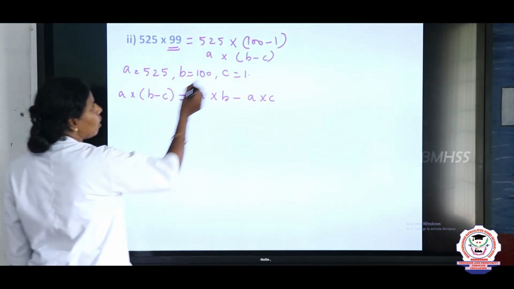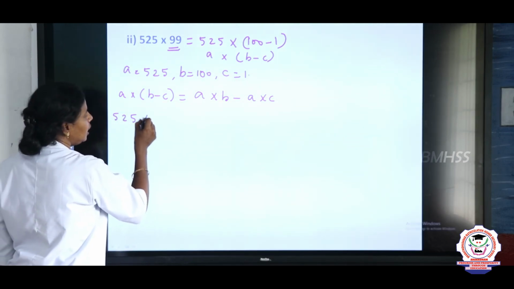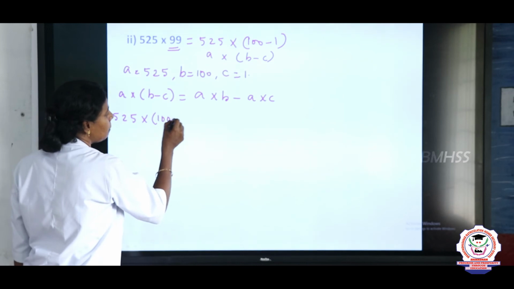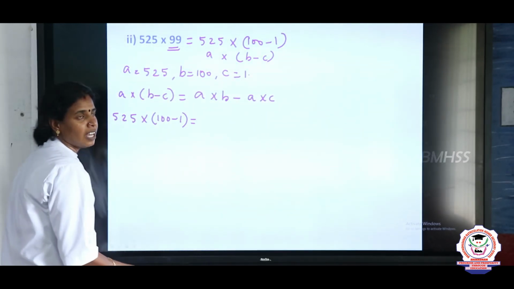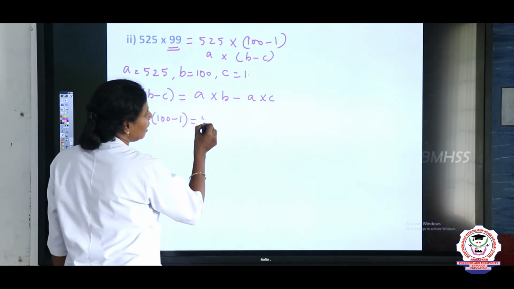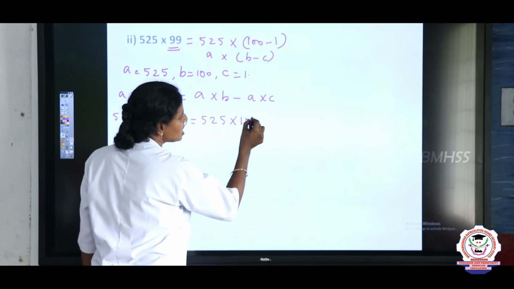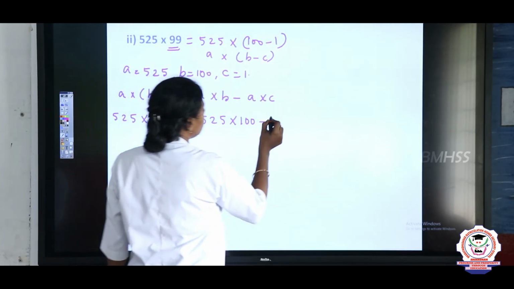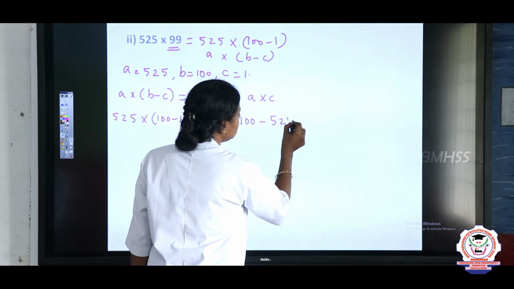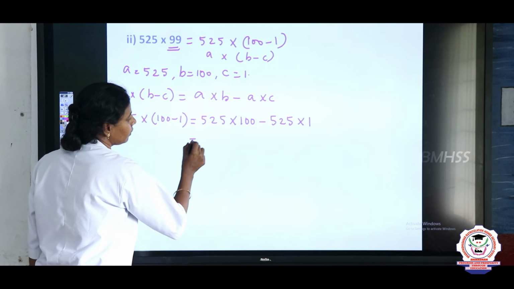Now in this form the question is given: 525 into 100 minus 1 equals. Substitute the values of A, B and C in this. 525 into B value, which is 100, minus A into C. A value is 525, into C value, which is 1.